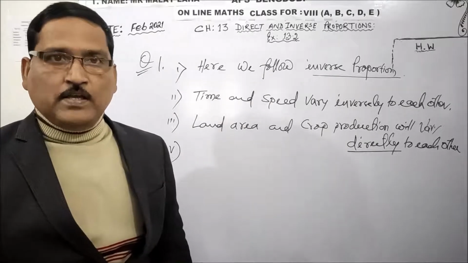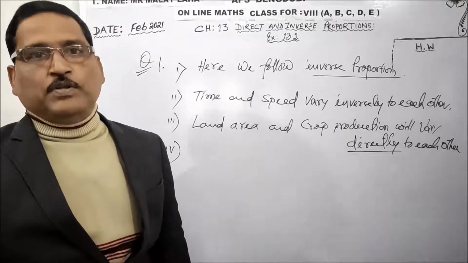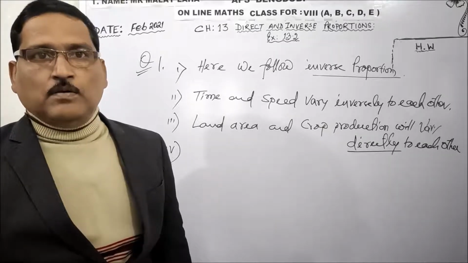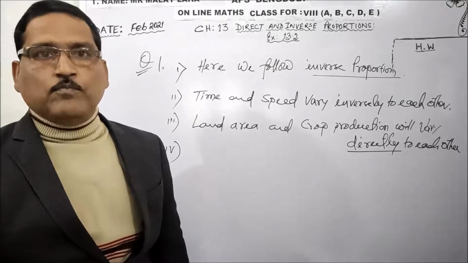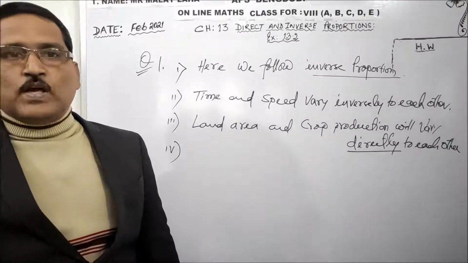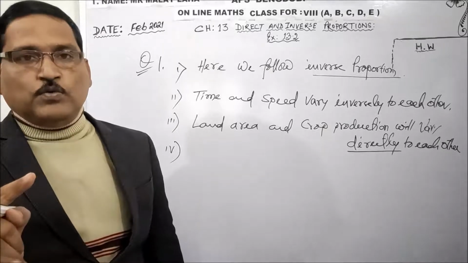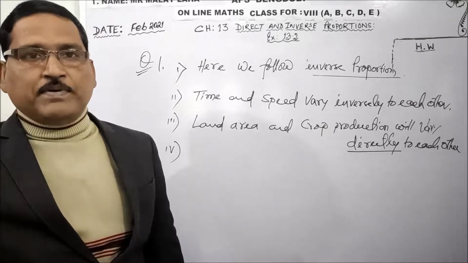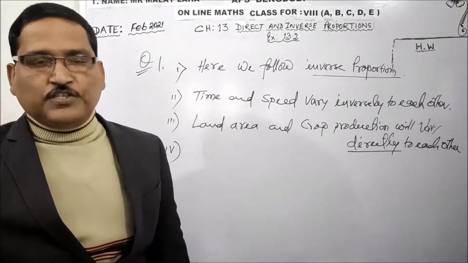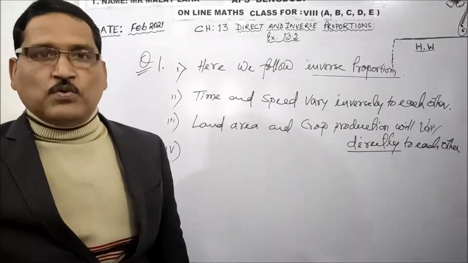That means if I give you more time, you may need less speed. More time, less speed; less time, more speed. So the product of time and speed in the first situation will be the same as the product of time and speed in the second situation, third situation, fourth situation, and so on.